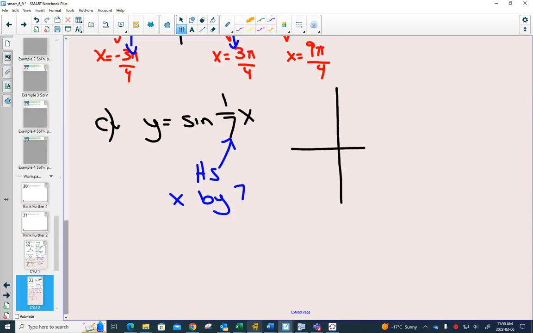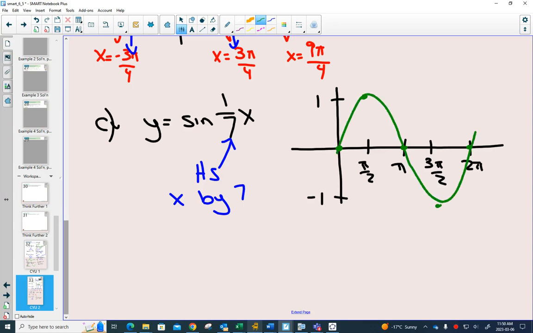So we think about our sine graph. Take our period of 2 pi, divide it into 4 equal sections. Amplitude is 1, so we go up to 1 and down to -1. And our sine graph starts in the middle, going up. This is what our sine graph looks like.